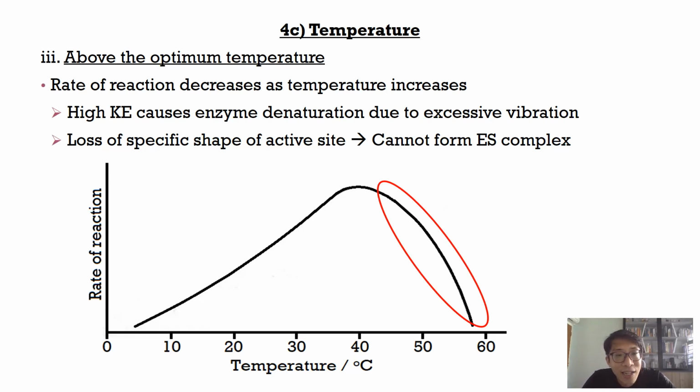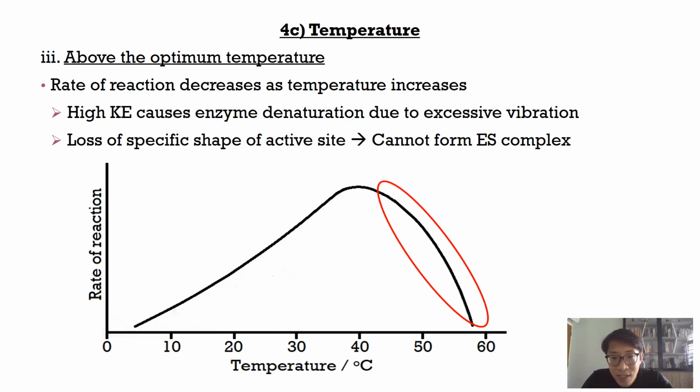The high kinetic energy causes the excessive vibration of the particles in the enzyme molecule, and the enzyme molecule is denatured. When there is denaturation, the overall conformation of the enzyme is changed and not maintained, and that would also cause the loss of the shape of the active site.